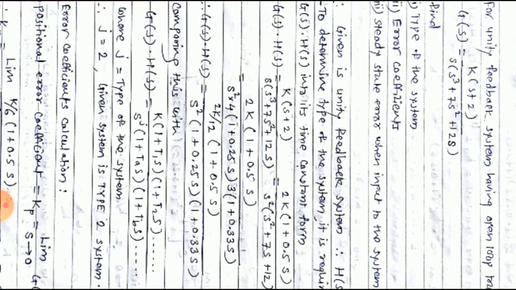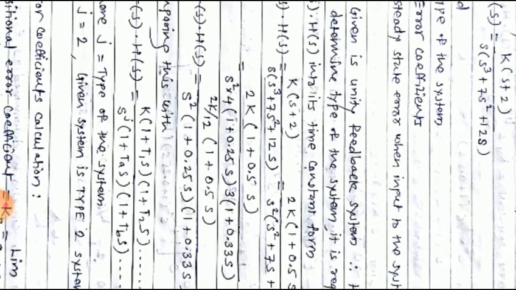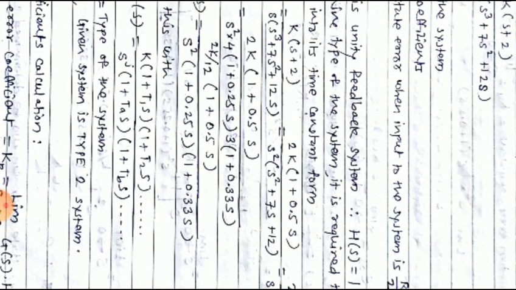So G(s)H(s) equals K into (s plus 2) upon s into (s cube plus 7s square plus 12s). So divide the numerator, that is 2K into (1 plus 0.5s).